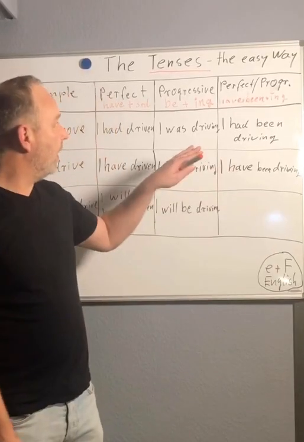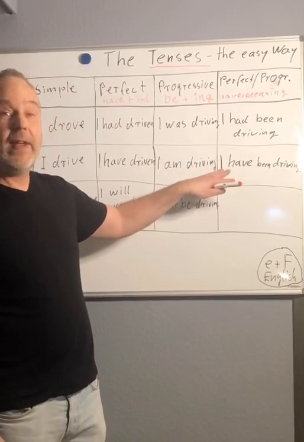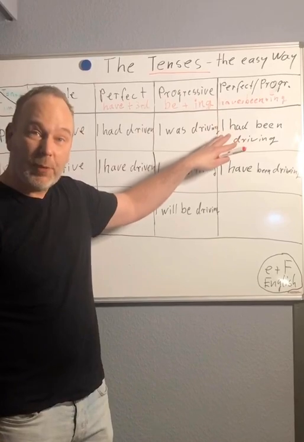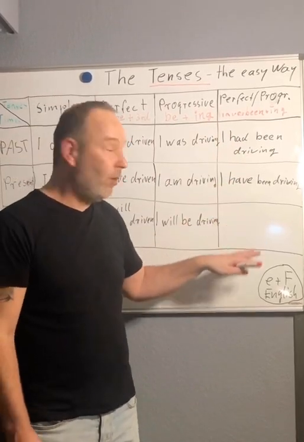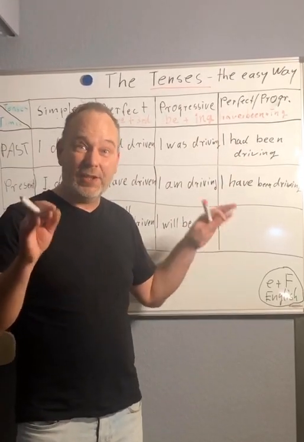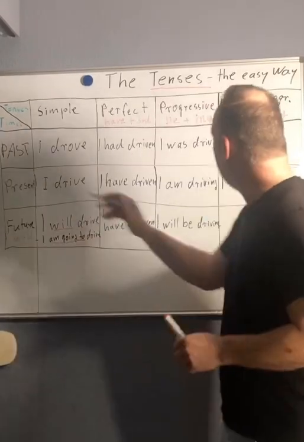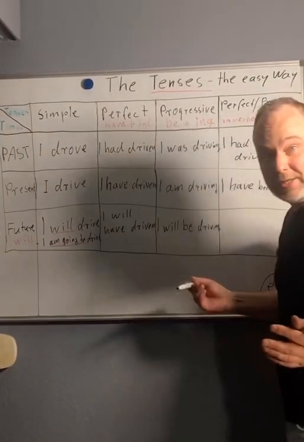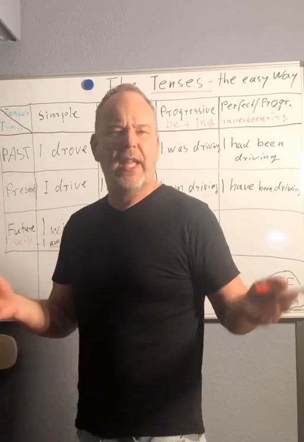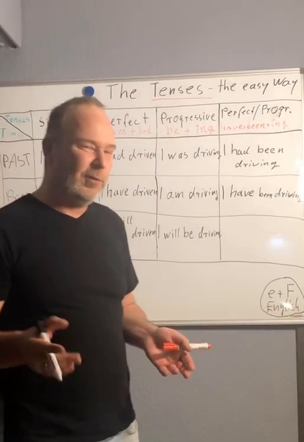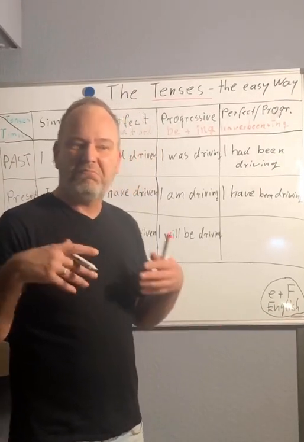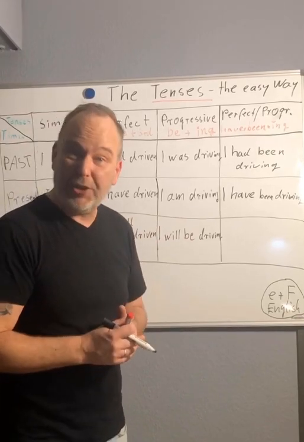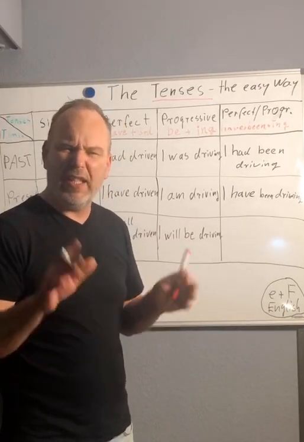Okay? So you have the present perfect progressive, you have the past perfect progressive, and now, last but not least, the most amazing future perfect progressive. A tense we almost never use, but if you can find situations when to use it, it's really cool.